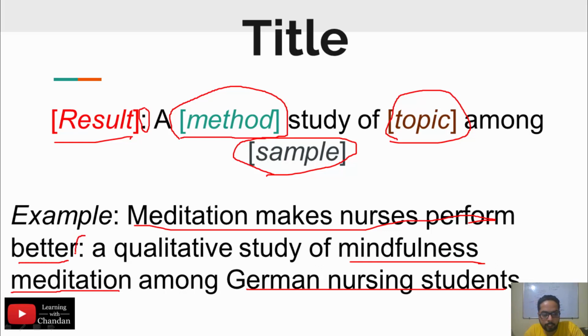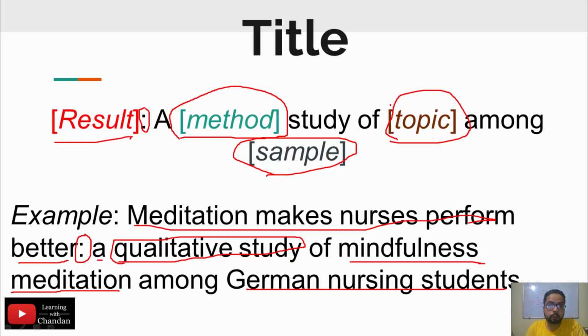Then you have that hyphen or semicolon, whatever it is, I am not sure about the name. Then a method of yours, which method you used. Then the study of the topic among your sample size. So by this, see, in this one title you have told 4 things to your readers.